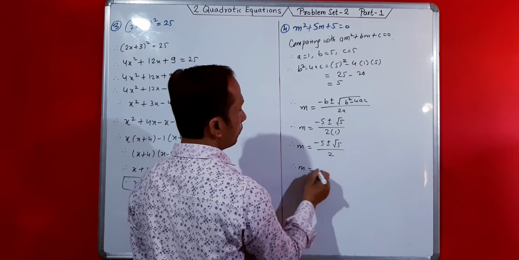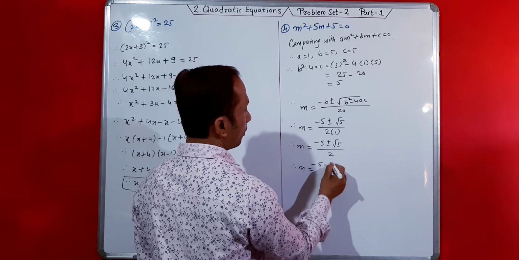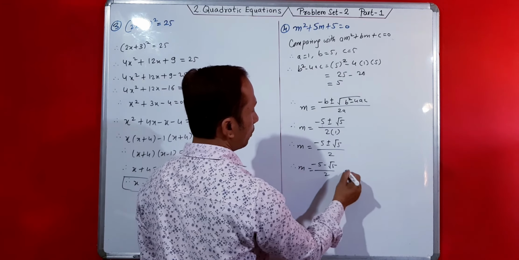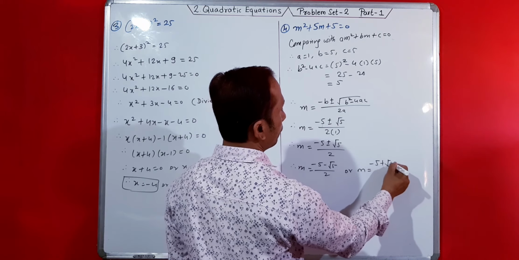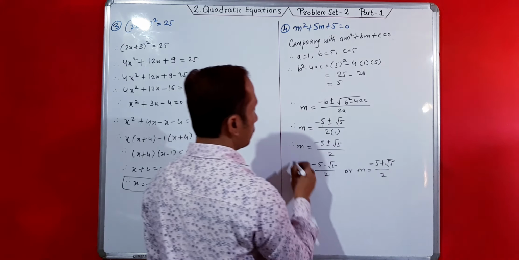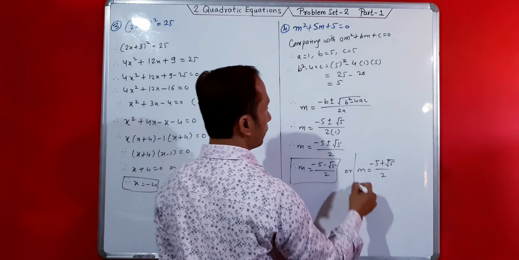Therefore m is equal to minus 5 minus root 5 upon 2, or m is equal to minus 5 plus root 5 upon 2. Okay, so these are the roots of the given quadratic equation.